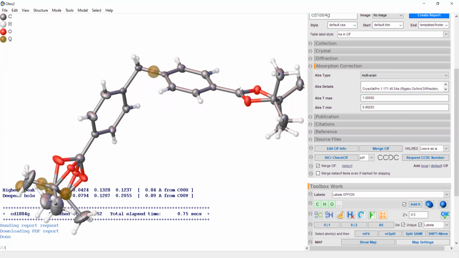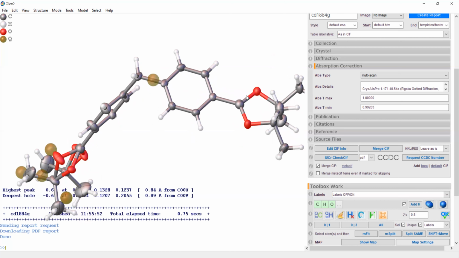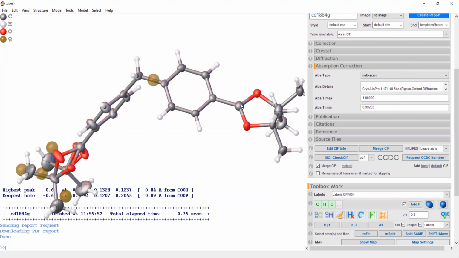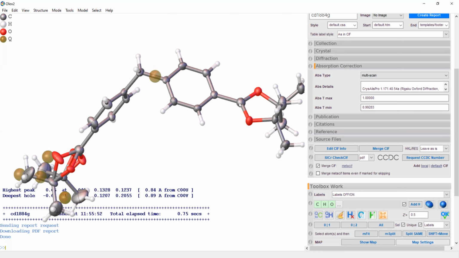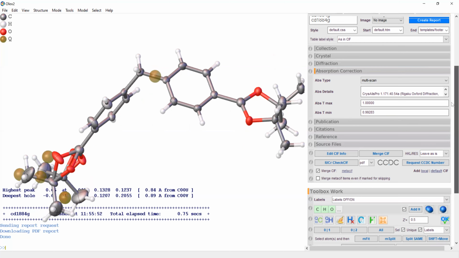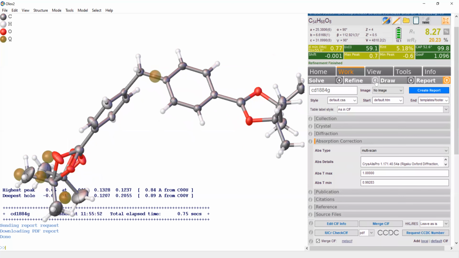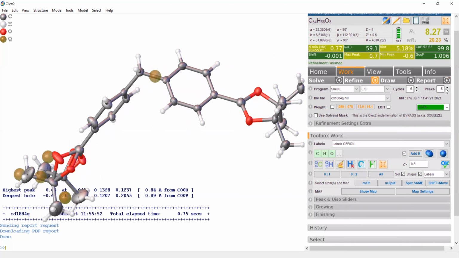And if the answer is no, maybe this should be a boron atom. If the answer is yes, then it's a carbon atom. But if it's no, it's a boron. So what I'm going to do is go back to refine, and I'm going to increase the peaks to see if a hydrogen atom pops up near that carbon atom.